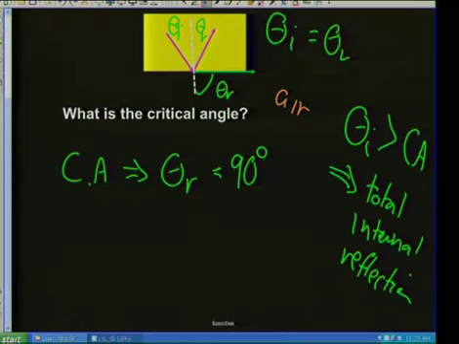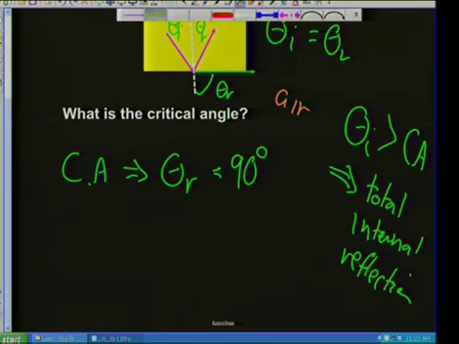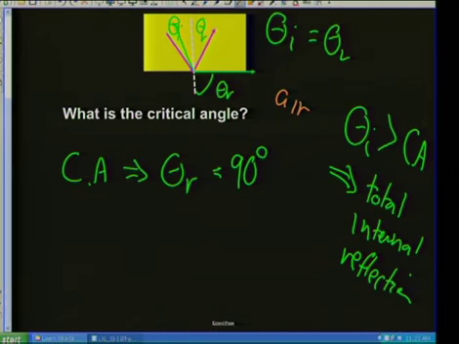So if the angle of incidence is bigger than the critical angle, then it will work, then we will get it. So in this diagram, if this was the green arrow, I've drawn them the wrong way around, let's just get the green arrow in. The green arrow is showing you the critical angle. Then when the purple arrow comes along, it's bigger than the critical angle, and so it undergoes total internal reflection.